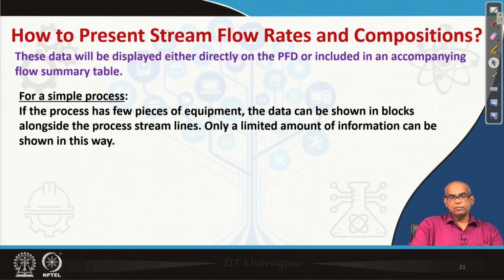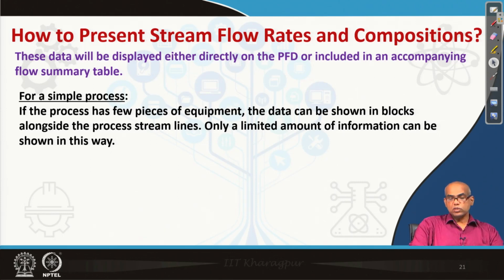Now, how do we represent stream flow rates and compositions on process flow diagram? These data will be displayed either directly on the process flow diagram or included in an accompanying flow summary table. For a simple process, if the process has few pieces of equipment, then the data can be shown in blocks alongside the process stream lines. Only limited information can be shown this way.